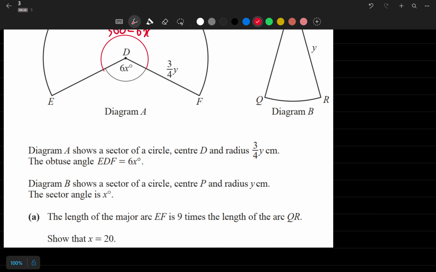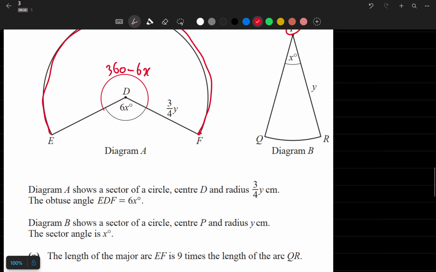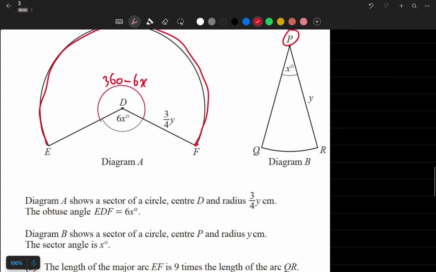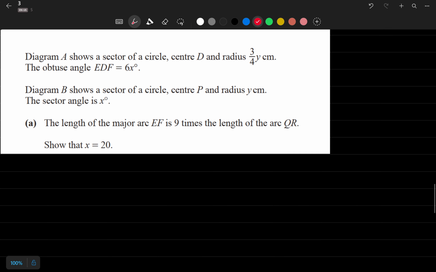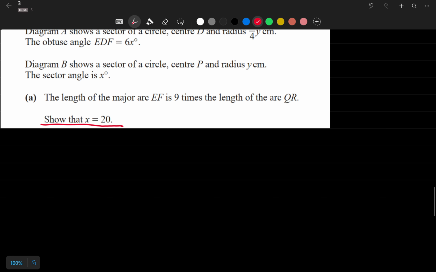The arc length of the major EF, this arc length we are talking about, is 9 times the length of the arc QR. So basically, if you calculate QR and multiply it with 9, then both values will be equal. So let's find out, and we have to show that x is equal to 20.